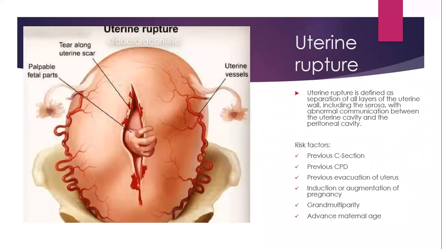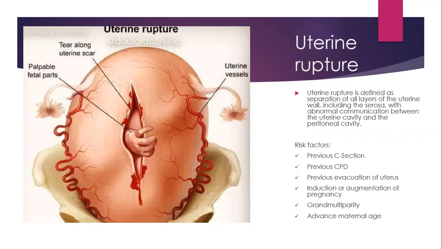And then with your uterine rupture, and this is actually defined as a separation of all layers of the uterine wall, including the serosa. If there's no disruption in the serosa, it is a uterine dehiscence. And this is usually when there's abnormal communication. So the uterus is completely separated, and there's communication between the uterine cavity with the fetus and the peritoneal cavity.